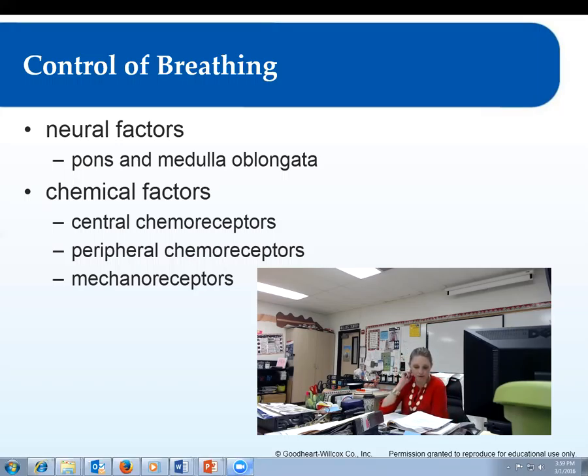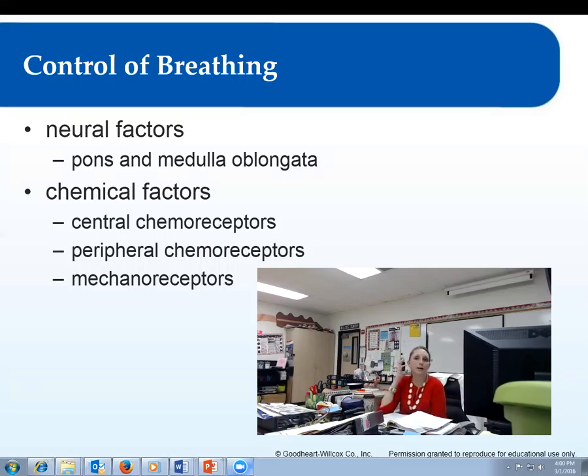All right, so let's look at central chemoreceptors. These are specifically in the brain. It says within the respiratory centers of the brain are sensory cells called central chemoreceptors. These constantly monitor changes in cerebrospinal fluid pH, and a decrease in the pH says that there's too much carbon dioxide in the body.